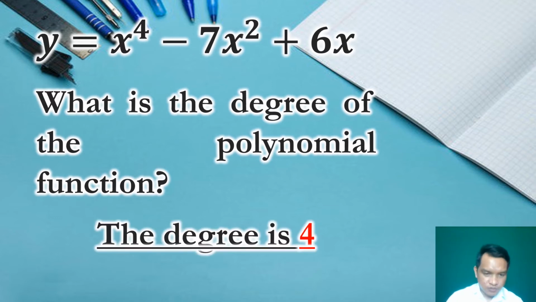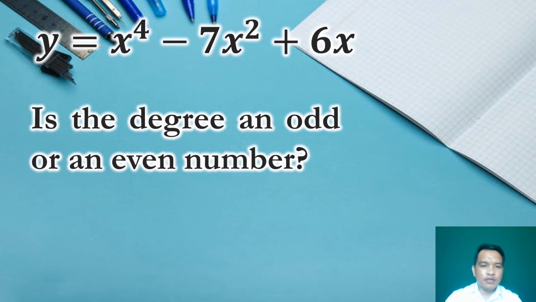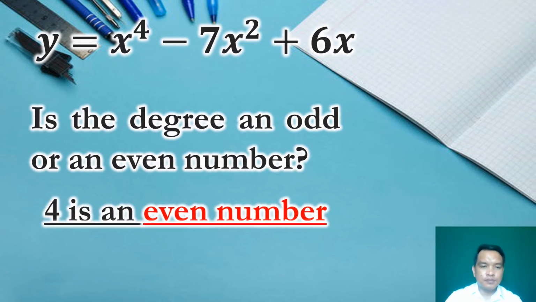So the degree is 4. Is the degree an odd or an even number? So 4 is an even number.